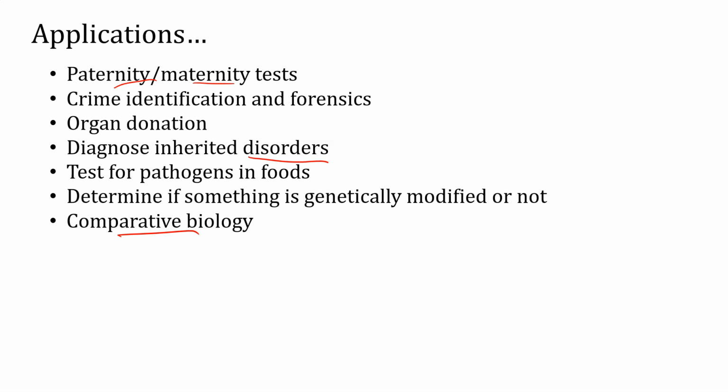It's powerful because one only needs a very, very small sample of DNA to do this test, because PCR allows you to take one simple small molecule of DNA and make gazillions of copies of it, and then once it's amplified, it's really easy to cut it and run it and separate it out and see how it looks and compares to other things. In either case, it's a pretty simple test to do.